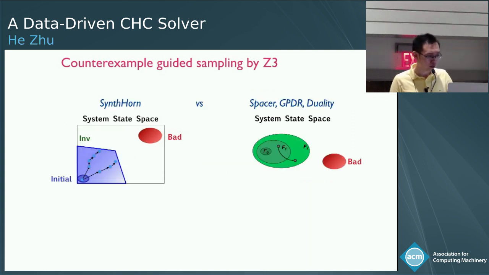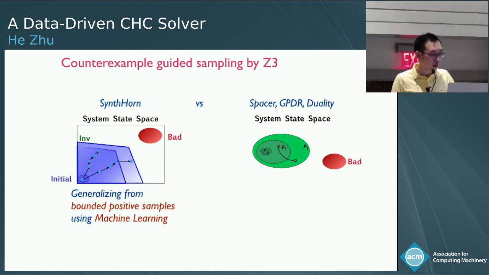We compare our counterexample guided approach with the PDR-based approach. Our method can be considered as generalizing from bounded positive samples using machine learning. In each counterexample guided iteration, the bound on the depth of a sampled program execution may be increased.